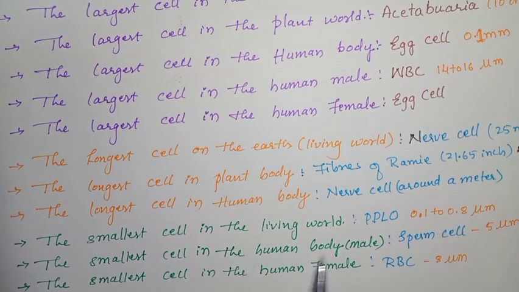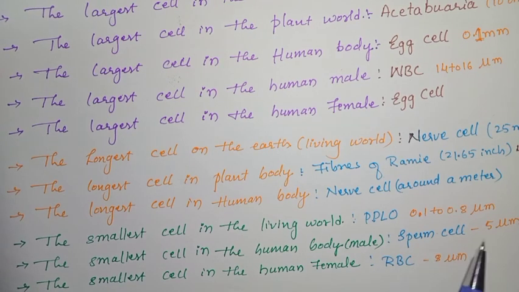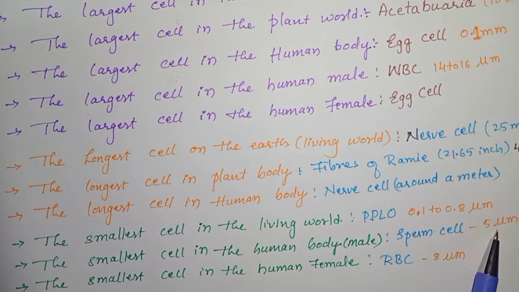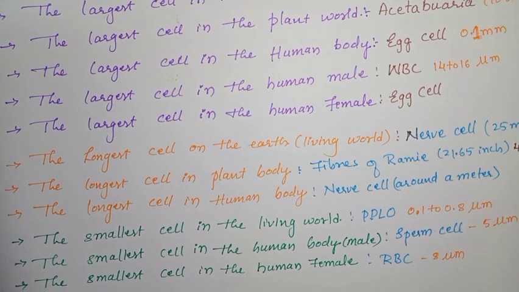The smallest cell in the human male is the sperm cell, about 5 micrometer, whereas the smallest cell in the human female is the RBC, about 8 micrometer.